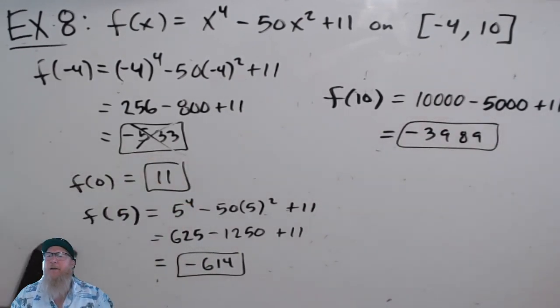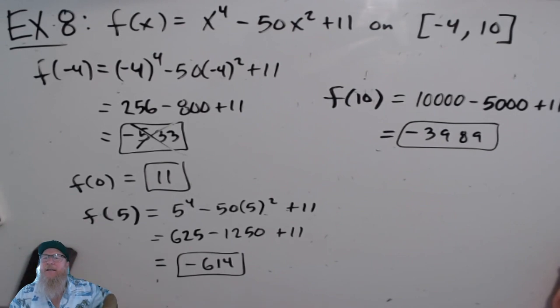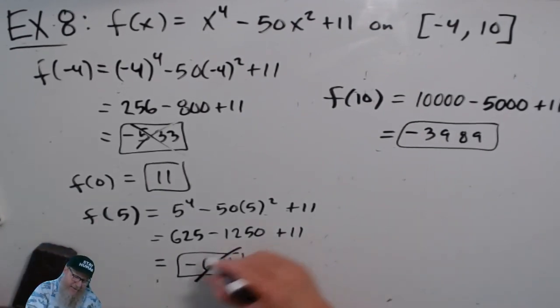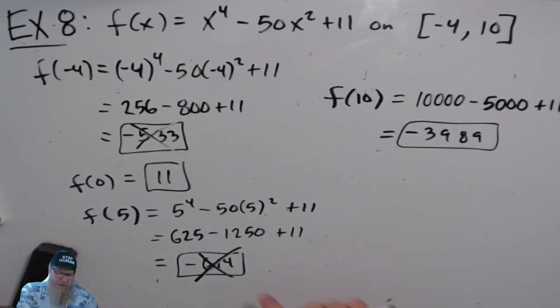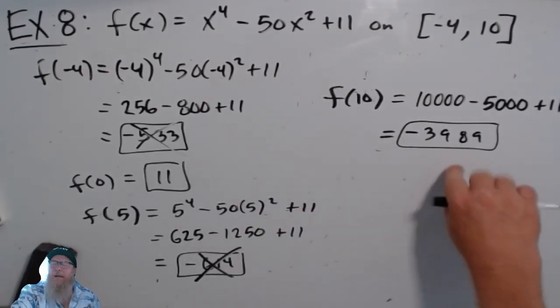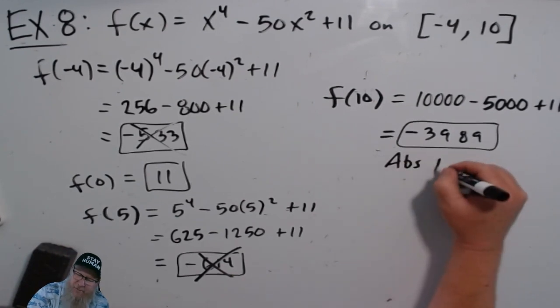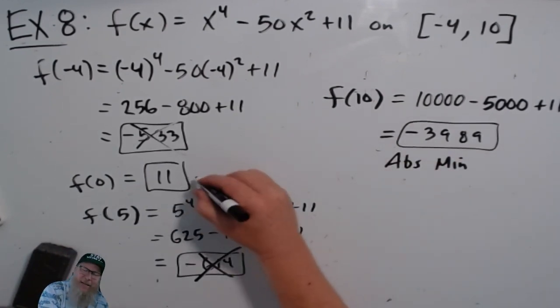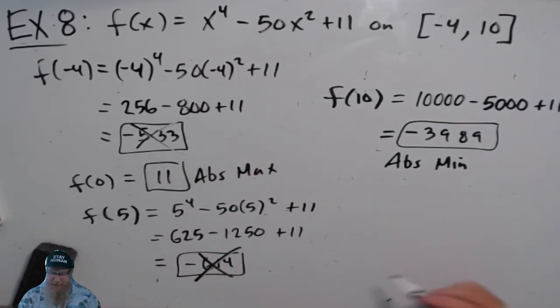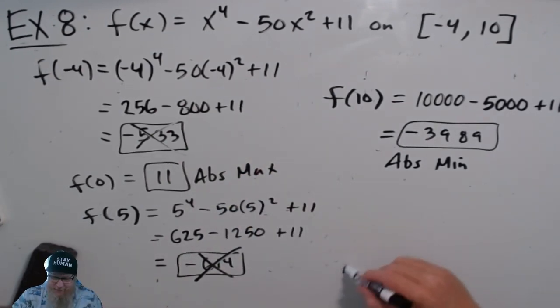We even got a bigger loser. So this guy's out of the running. Sorry, kid. You thought you were low, but there's always somebody lower. So that's our absolute min. And this little 11 is actually our absolute max. The graph kind of looks like this.